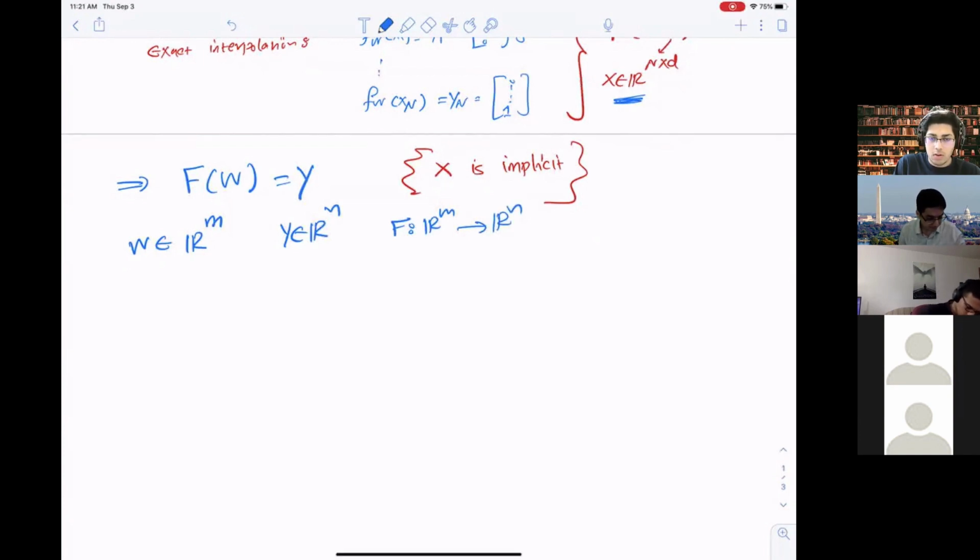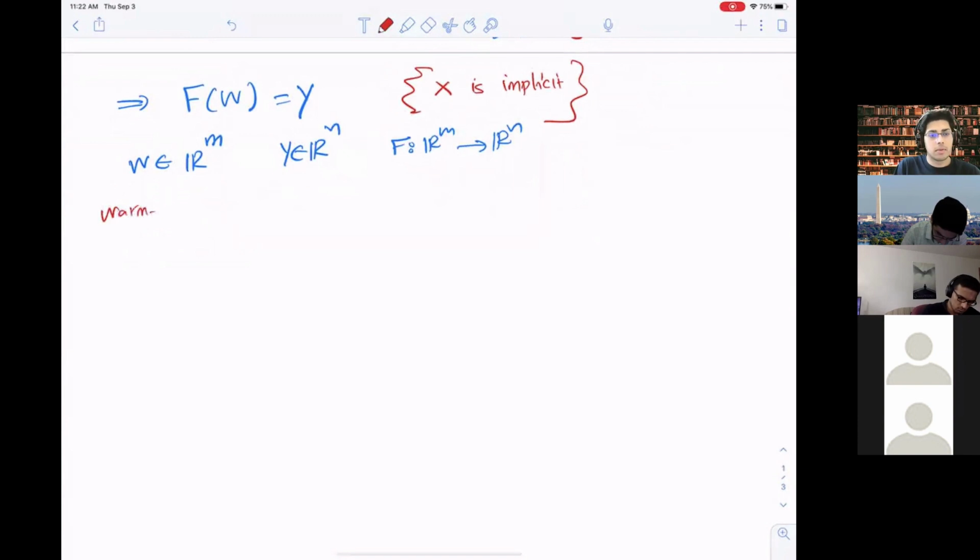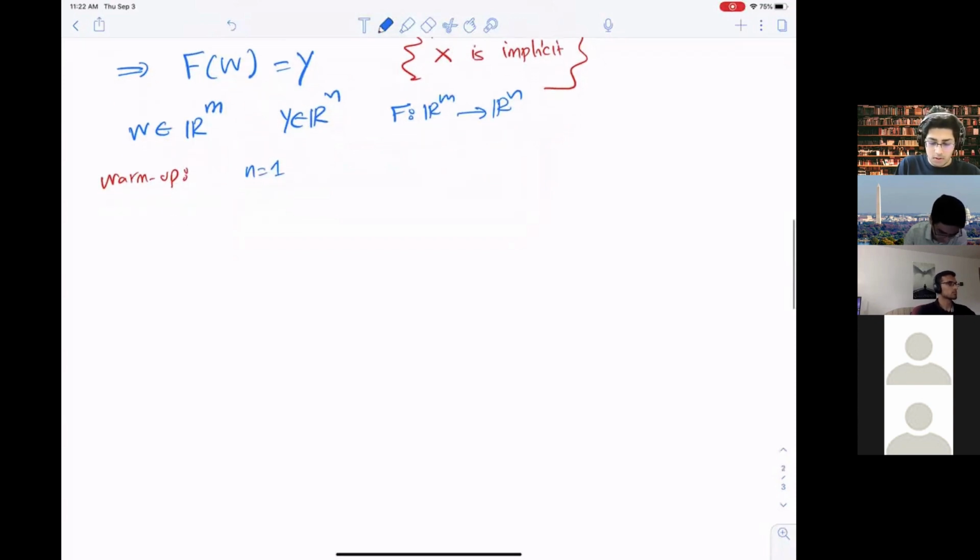Okay, so let's look at some examples just to get a feeling about it. It's a little bit abstract at this point, but it is actually really simple. It is a very basic reformulation of the problem. Let's do some warm up. Let's say my number of samples is 1, n is 1, the simplest case.